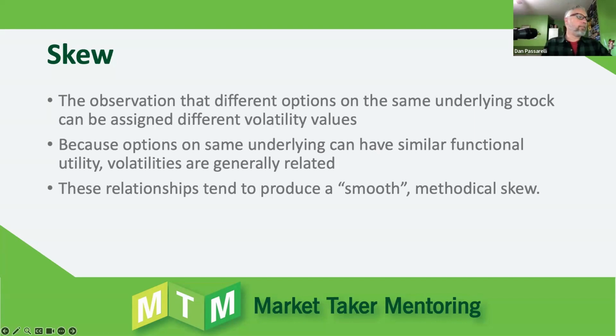So again, I could buy the 1 month 100 strike call or the 1 month 101 strike call, and it kind of doesn't really matter that much. So the supply and demand for them is about the same. But if I'm buying the December 100 calls and the August 50 puts, well, those are doing two different things. They could have different supply and demand for them, and they will.